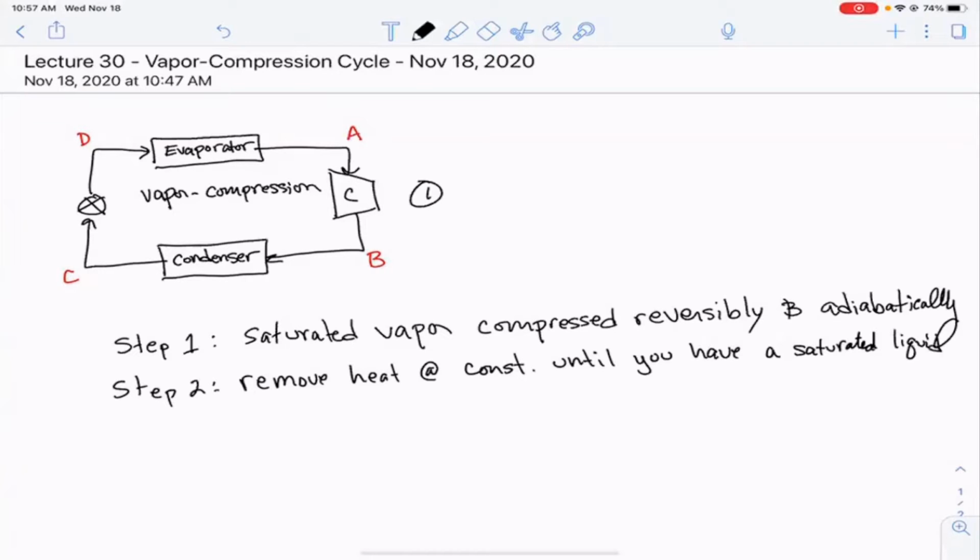You said constant pressure? Yes. And then step 3 in the process is to reduce the pressure through a valve.